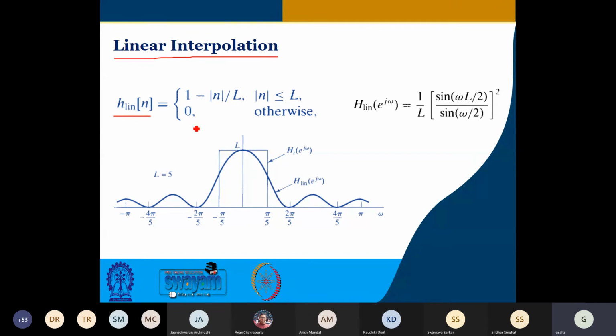Okay. So for such a unit sample response that you would like to convolve, the DTFT, if one calculates, would look something like this.